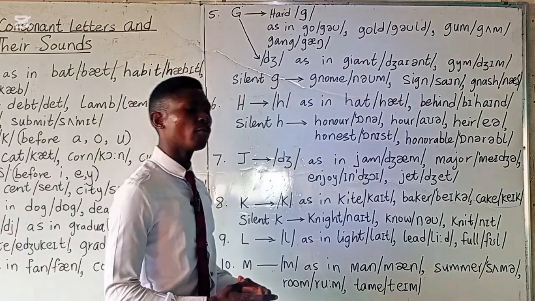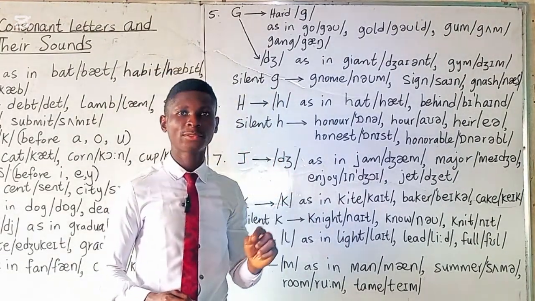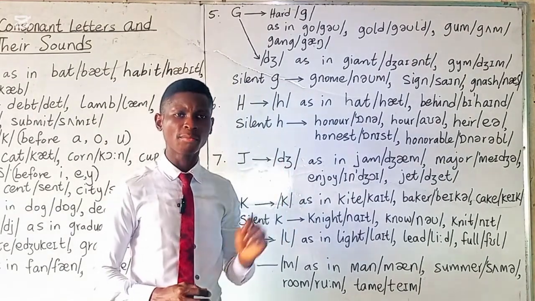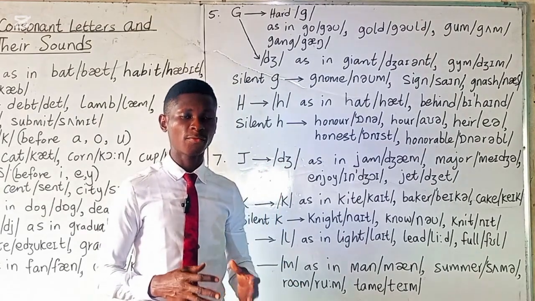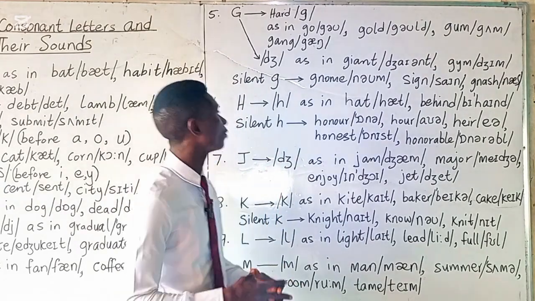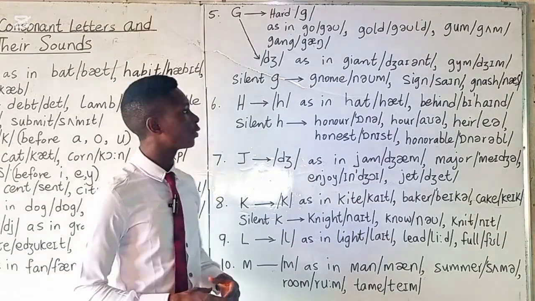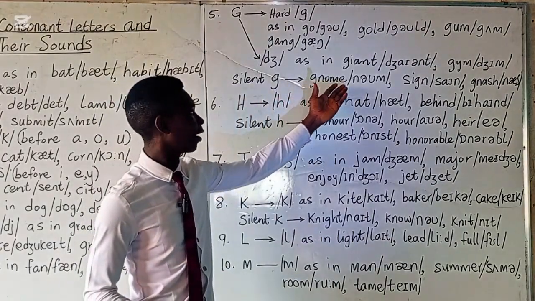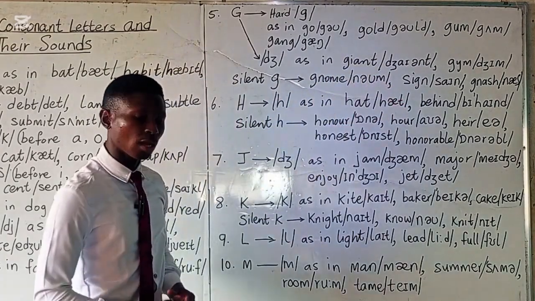So mostly when we have letter G before the letter N, we are likely to have the /n/ sound dominating instead of the G. So in these words, we have gnome, sign, and gnash.